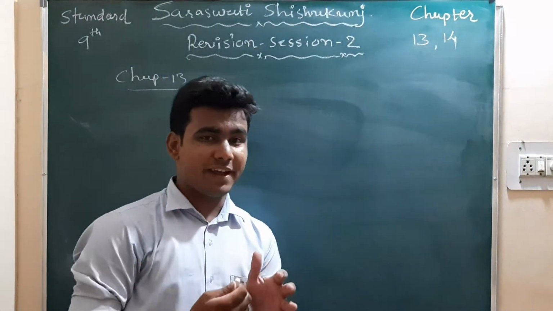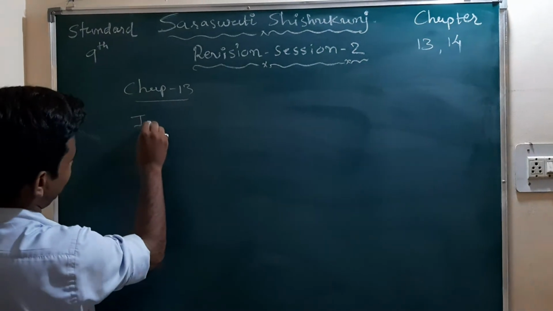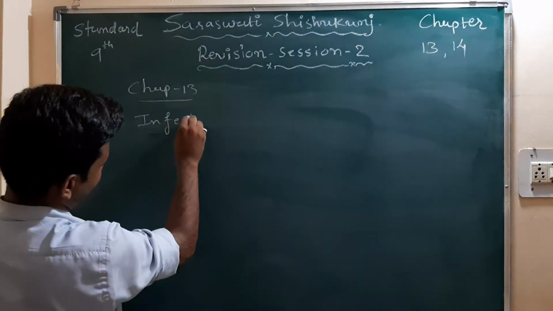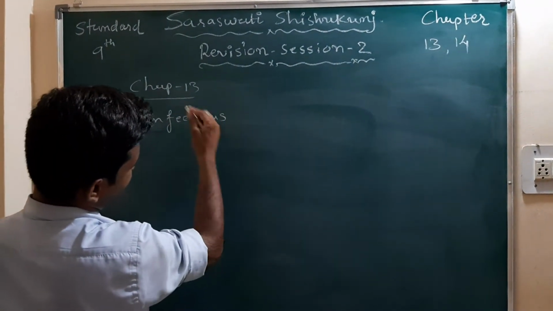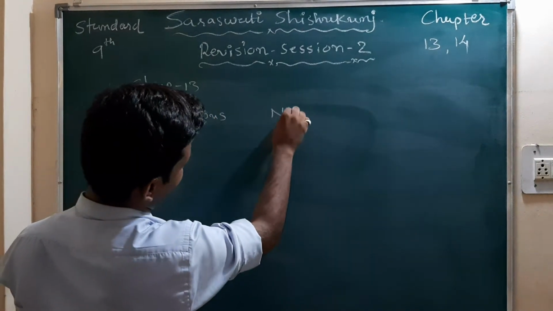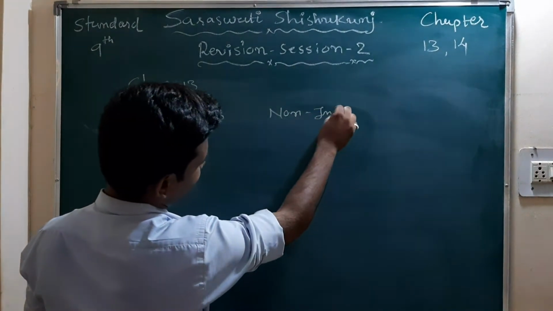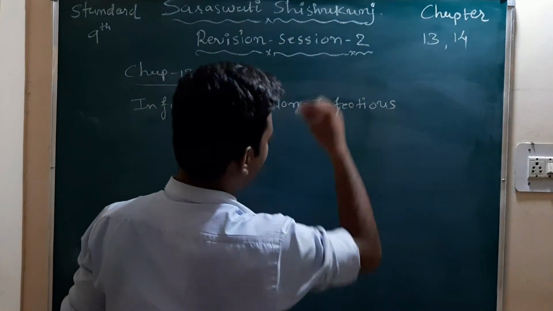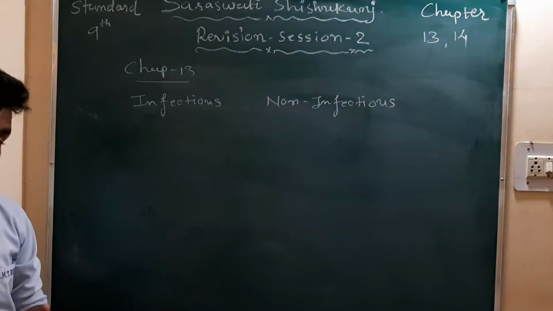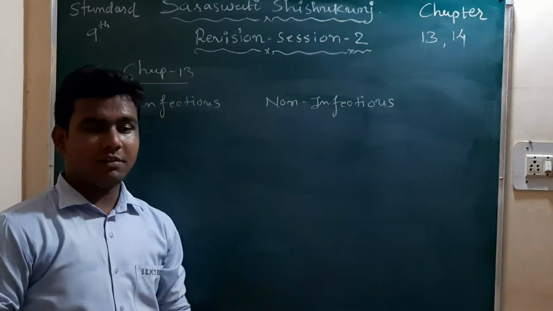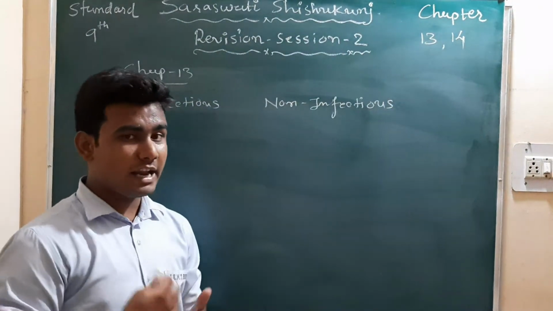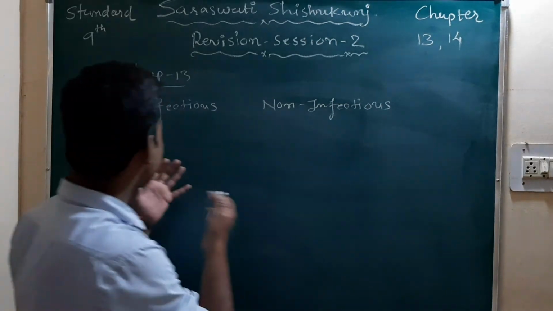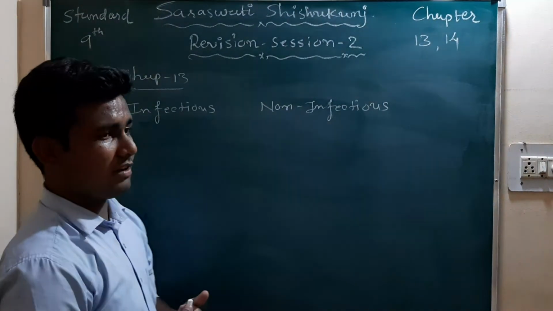Now what is called infectious disease? Infectious disease and non-infectious disease. Right now in this chapter we are discussing only infectious disease, but let's first know which is infectious and which is non-infectious disease.